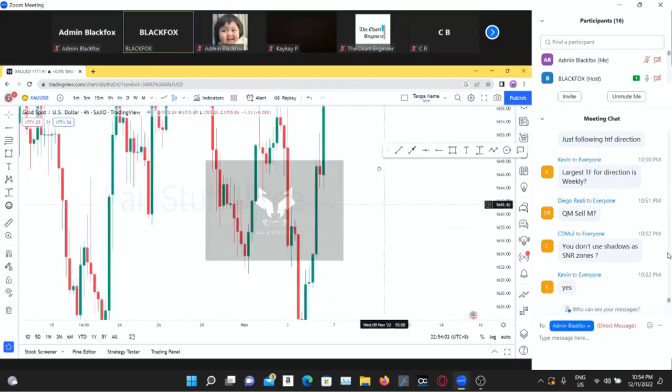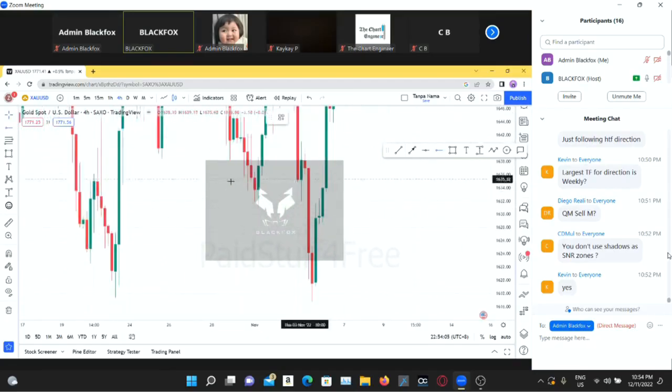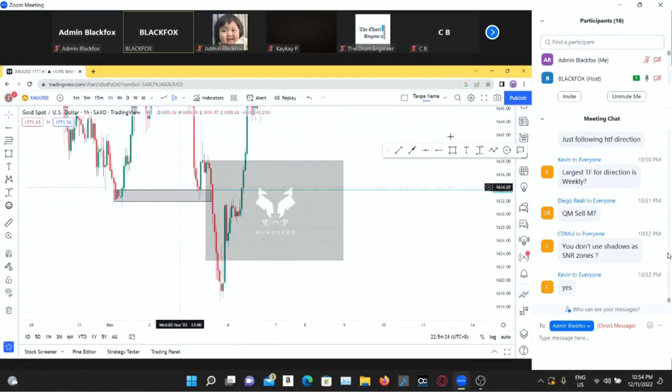H4 shadow, H1 SNR, H1 SNR and shadow, H1 shadow, right? There is something inside the shadow. There is a time frame or SNR inside the shadow. So inside H1 there is support, just like that.